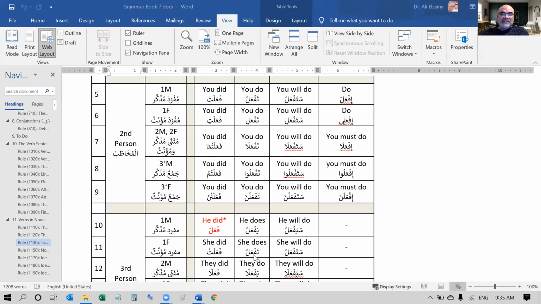Taf'alu, tazra'u, sataf'alu, satazra'u. And we notice that the future tense is exactly like the present tense, but with seen at the beginning. That's a rule that always works: the future is just the present plus seen at the beginning.